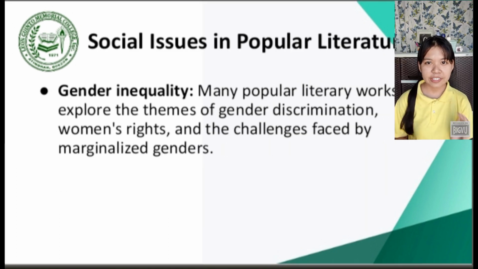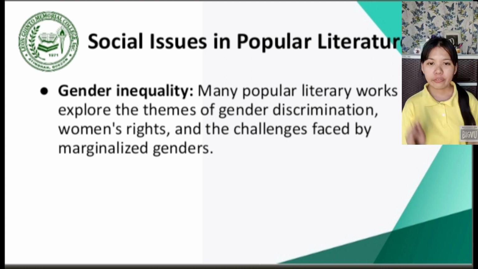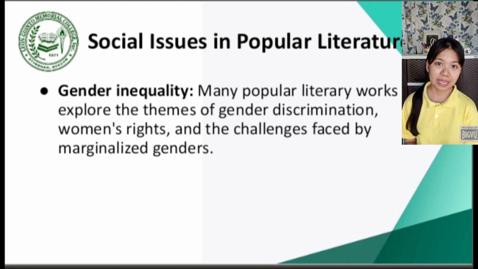Now, let's dive into the social issues in popular literature. Popular literature often reflects and addresses various social issues, and some common social issues tackled in popular literature include, of course, the first one, gender inequality. Here, many popular literary works explore the themes of gender discrimination, women's rights, and the challenges faced by marginalized genders.